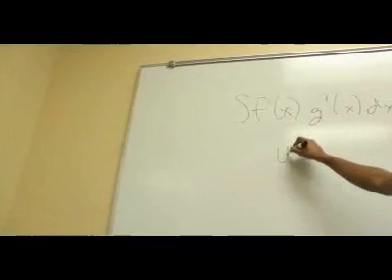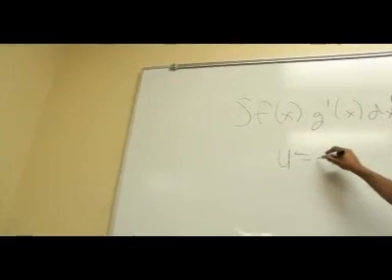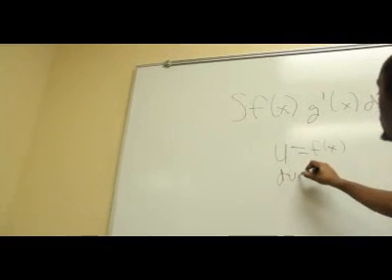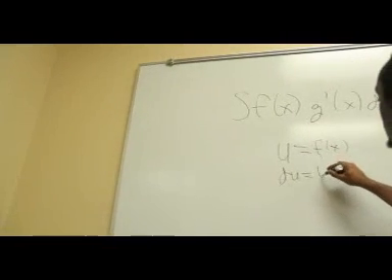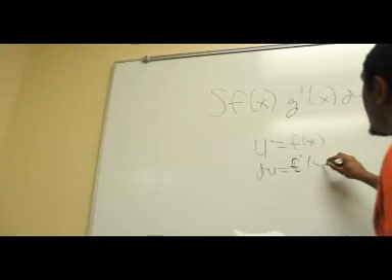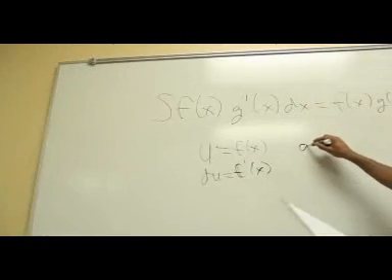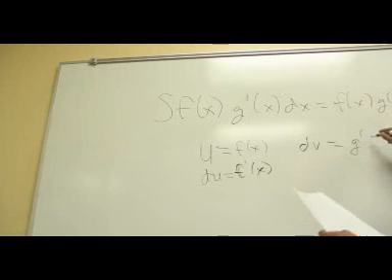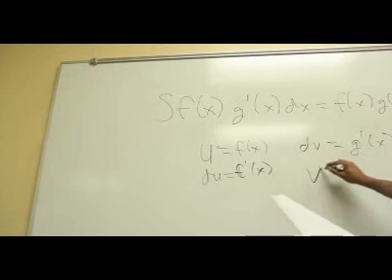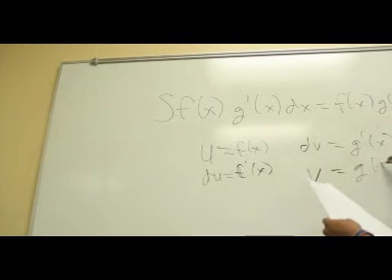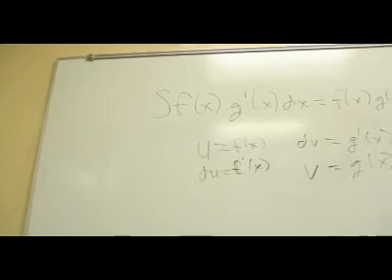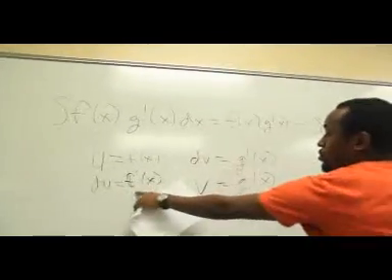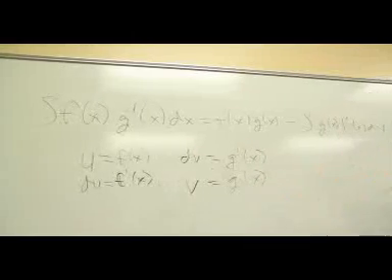Okay, now our u in integration by parts equals f of x. du, as we know, is f prime of x. Our dv equals g prime of x, and our v equals g of x. Okay, so now we have u, du, dv, and v.